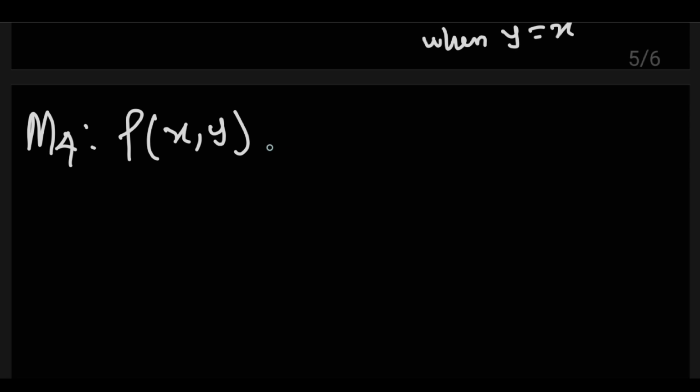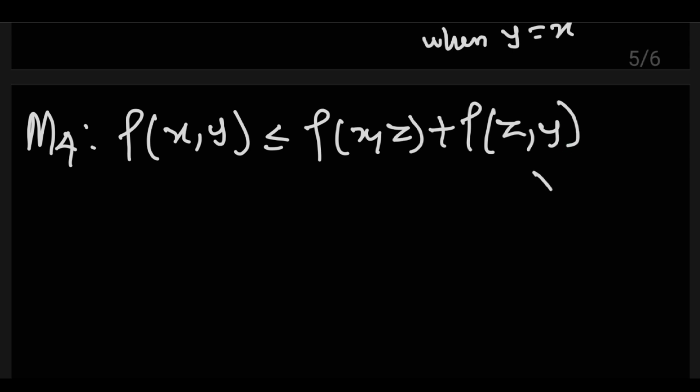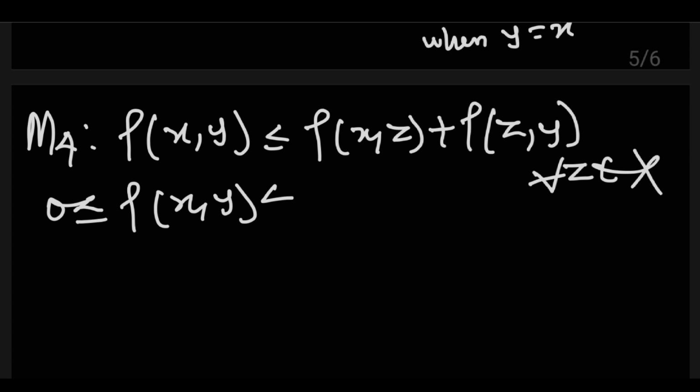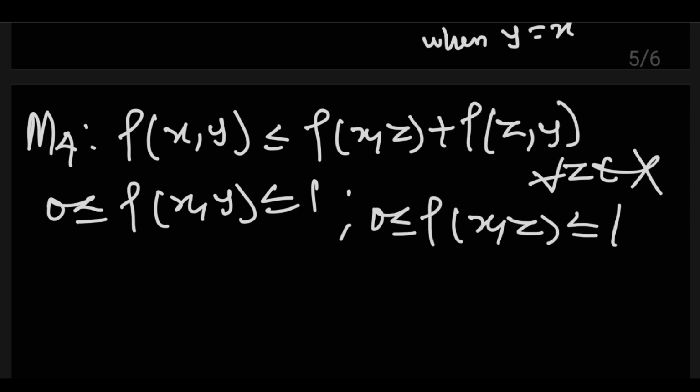Alright, so for the fourth axiom, we want to show that the distance from x to y is less than or equal to the distance from x to z plus the distance from z to y, for all z in X. So z is also in X. Remember from the first axiom we proved that this is less than or equal to 1 for every z in X, so the distance from x to z is less than or equal to 1.